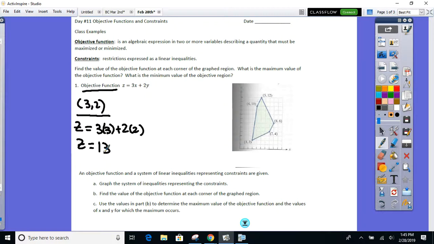Another point. Go ahead, give me another point. 4, 10, thank you. So z is going to be equal to 3 times 4 plus 2 times 10.